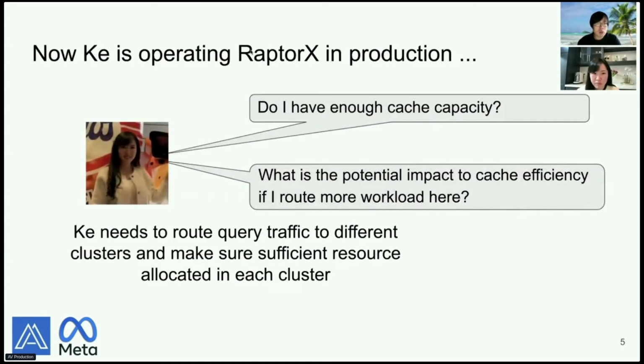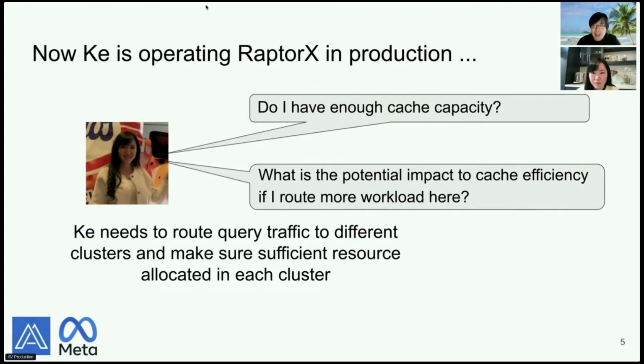Before we explain what a shadow cache is, let's see how K is operating RaptorX in production. She needs to route the query traffic, the Presto traffic, to different clusters, and she needs to make sure each cluster has the information and the sufficient resources allocated to it.